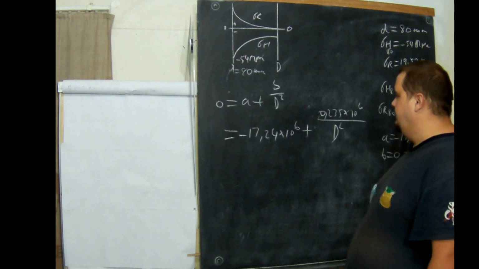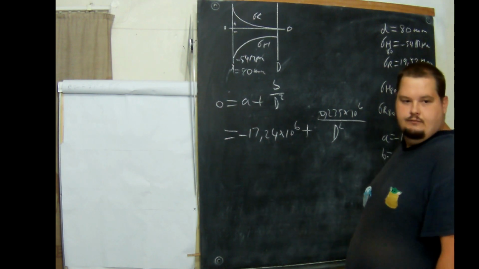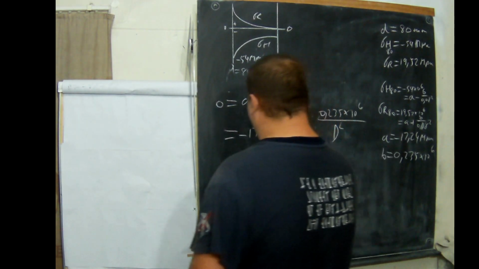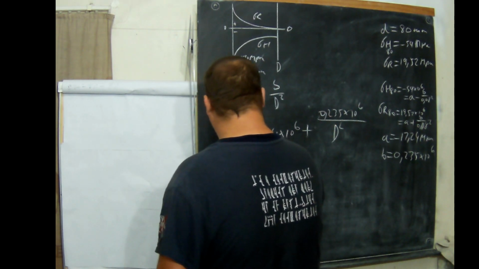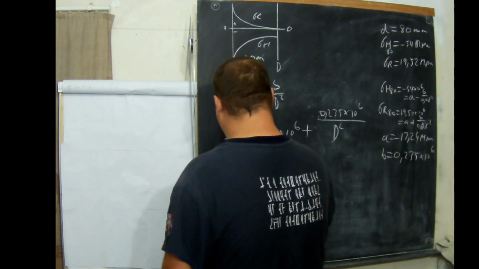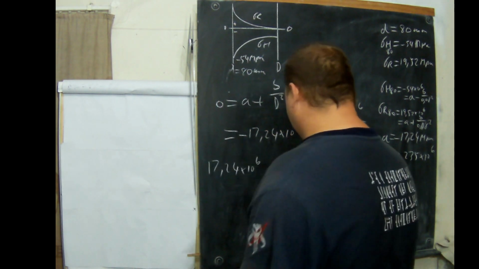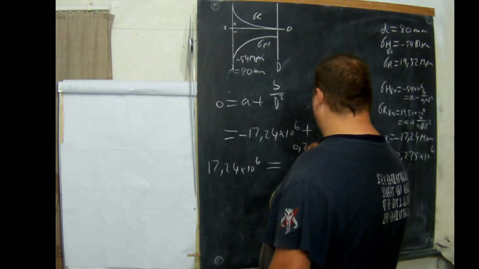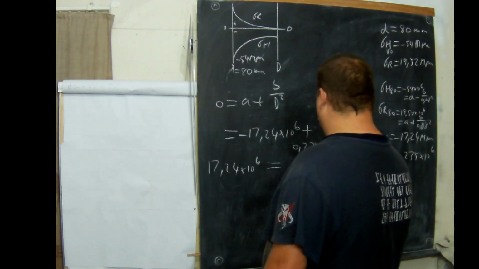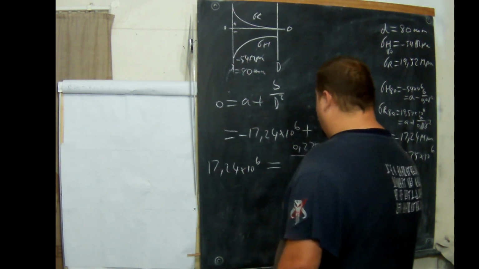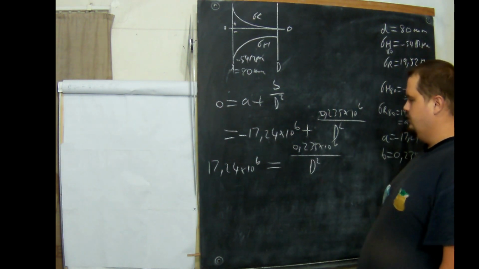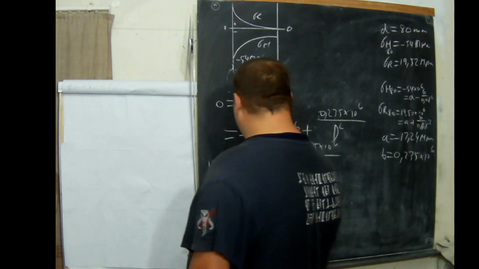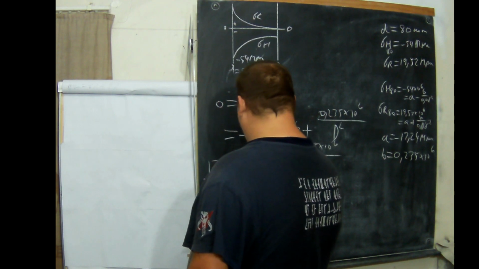Right, so what we do is bring this over here. We bring that over. Now we bring this over, so it's 17,24 times 10 to the 6 equals 0,235 times 10 to the 6 over D squared. So this comes down here now, so it's divided by 0,235.